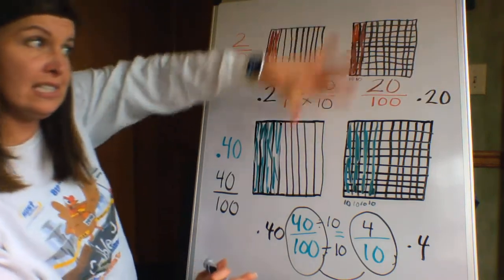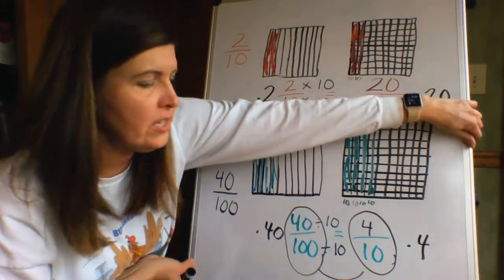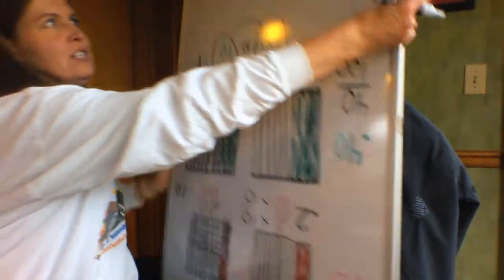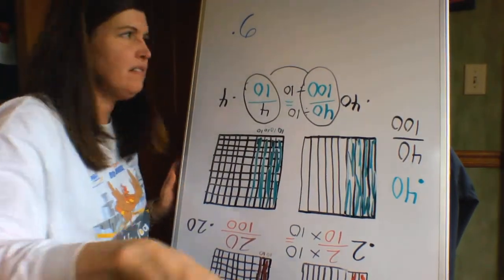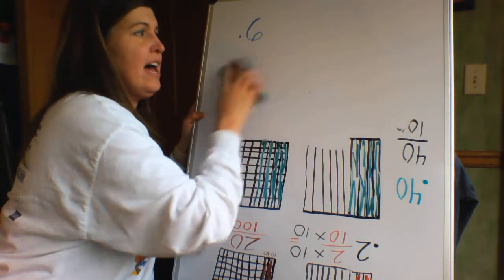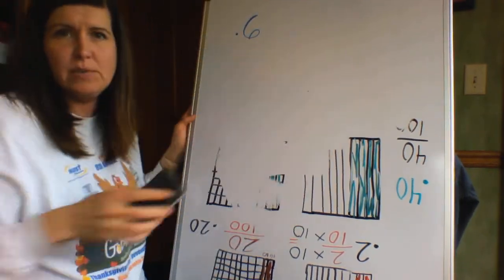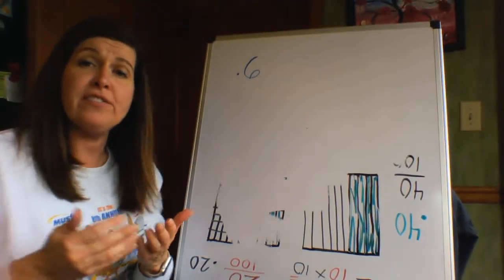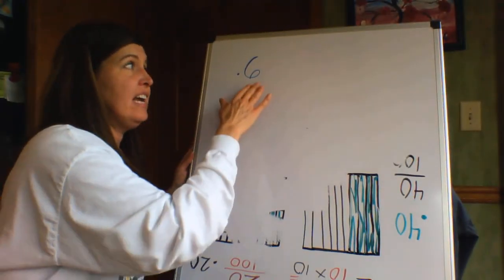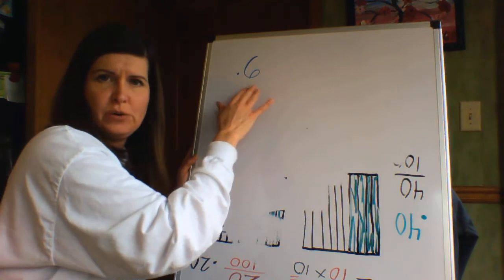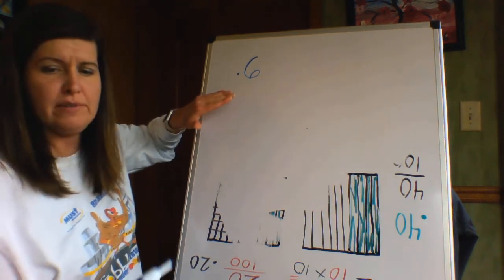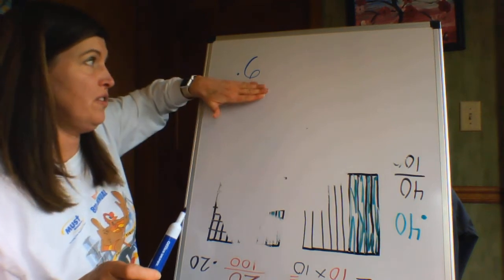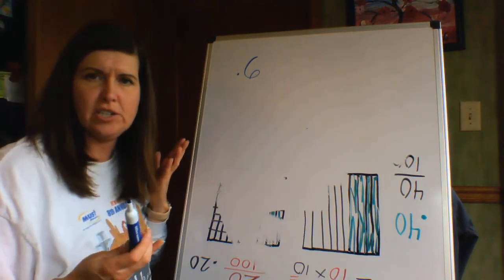Now, you're going to see that on the beginning part of your work, and you're also going to see something that looks like this. You're going to see a decimal or a fraction, and you're going to have to figure out what are different ways that I can show this decimal. So to do that, the first thing I would suggest is that if it's a decimal, you write it as a fraction.